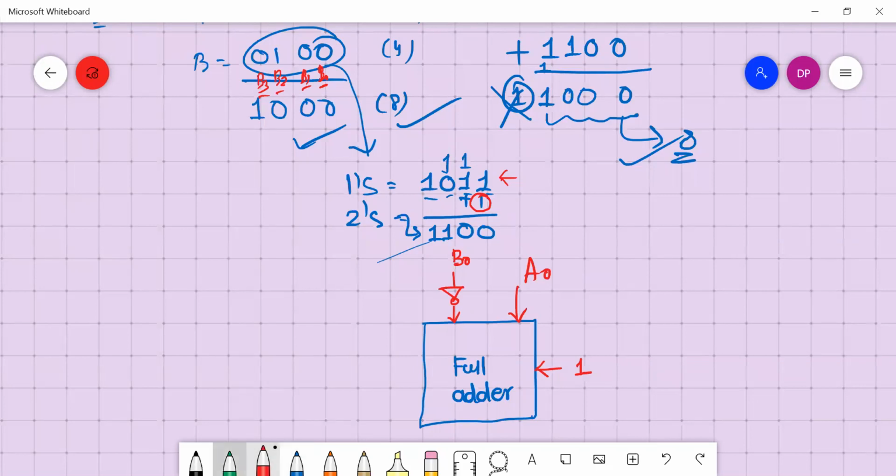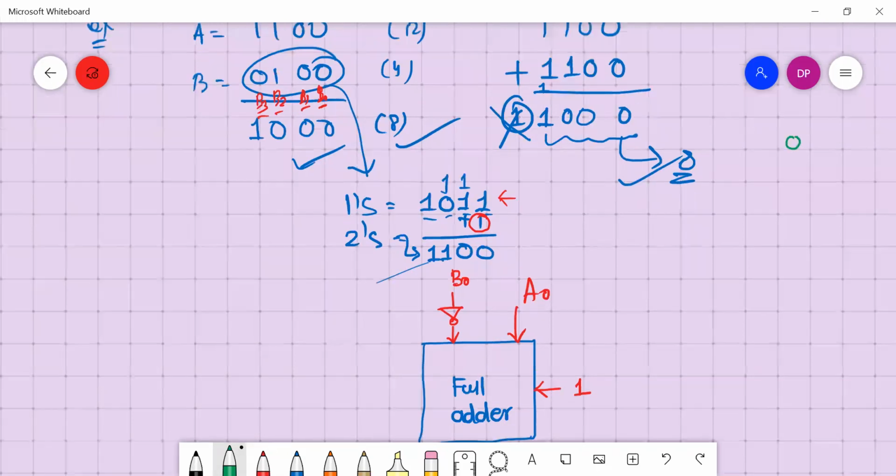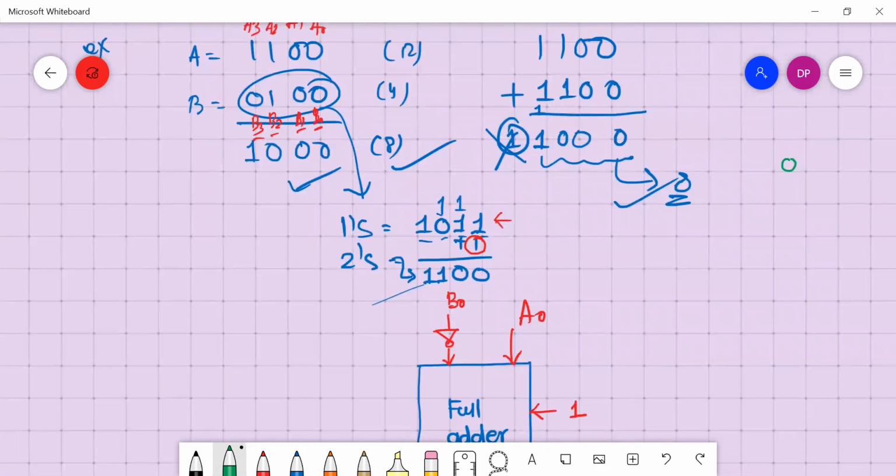Let me put this example here. Our objective is to subtract 1100 and 0100. So what we were doing is 1100, then invert this second number: 1011, and add a 1, to get the 2's complement.